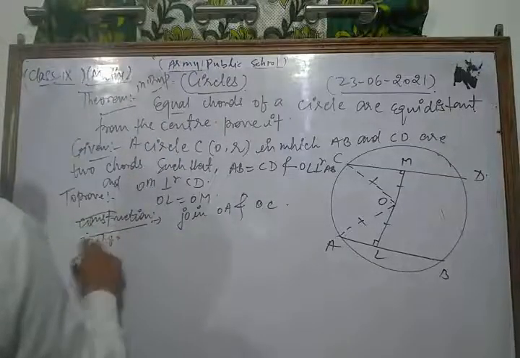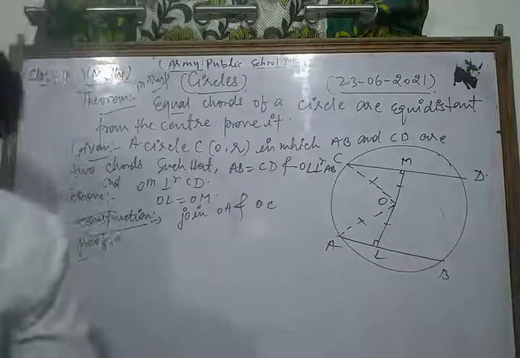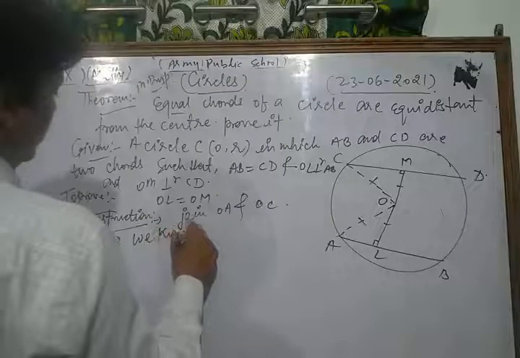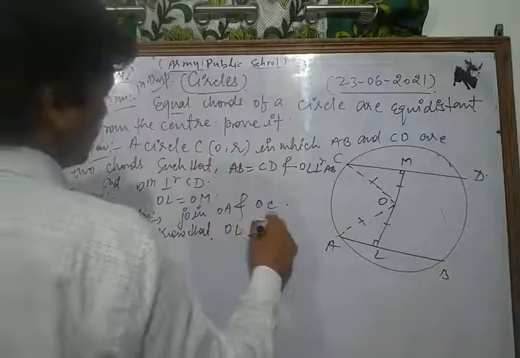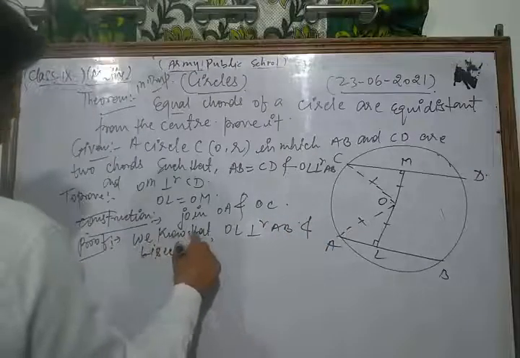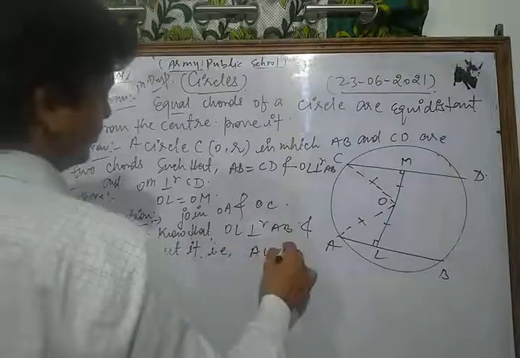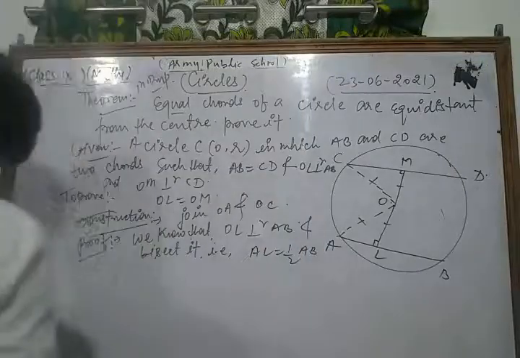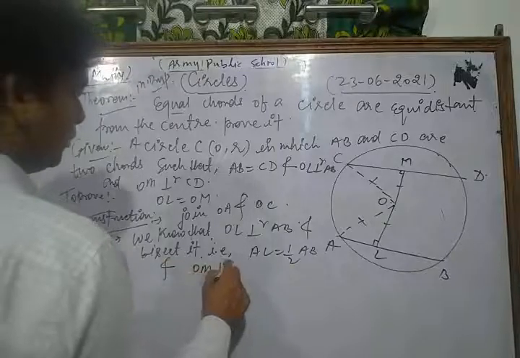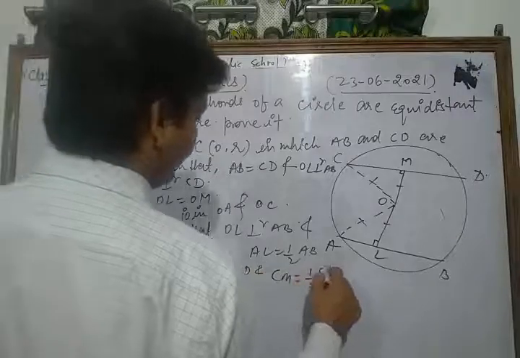Now we write the proof. We know that OL is perpendicular to AB and bisects it, so AL is equal to half of AB, and similarly OM is perpendicular to CD, so CM is equal to half of CD.